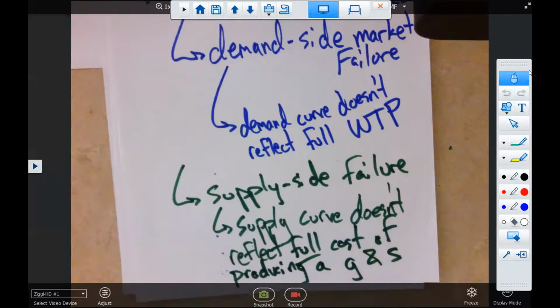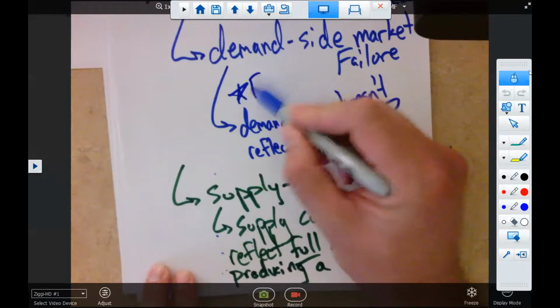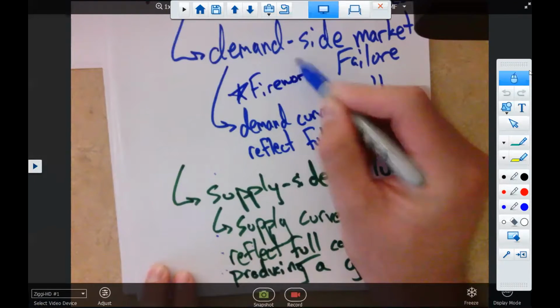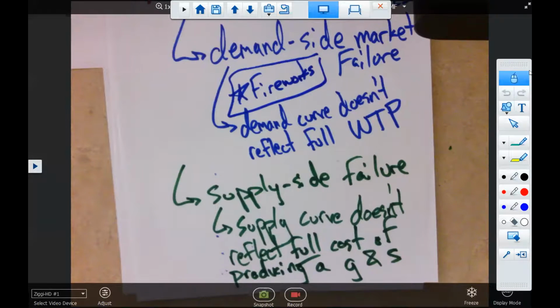So let's talk about an example of the demand side failure. So we could talk about fireworks. I can't keep people from watching the fireworks. It's what we would call non-excludable. And the fireworks display can be watched by all, right? So it's non-rival.